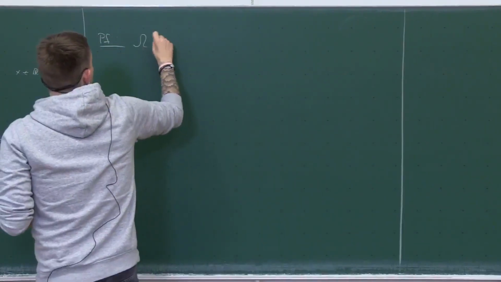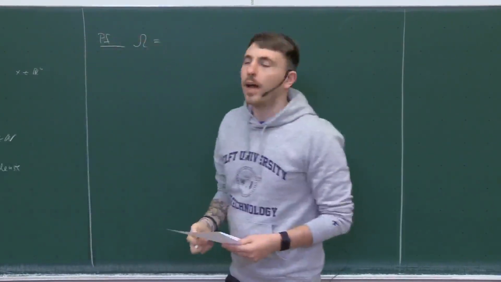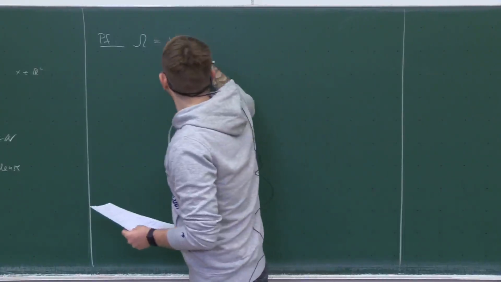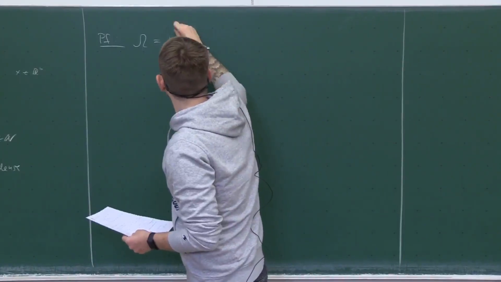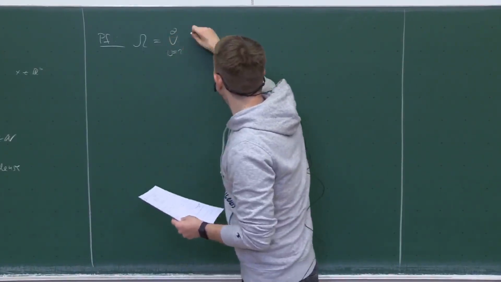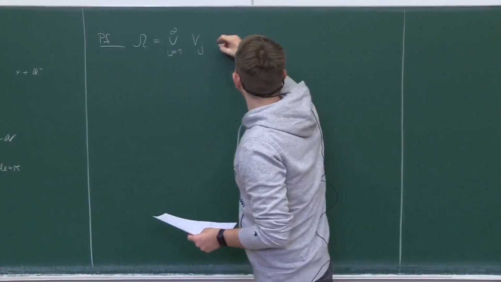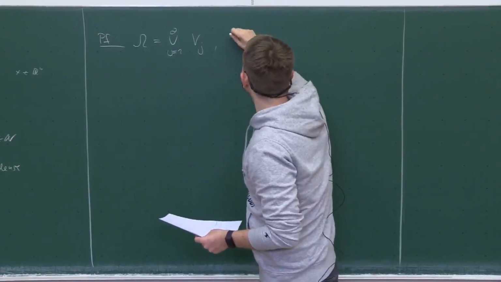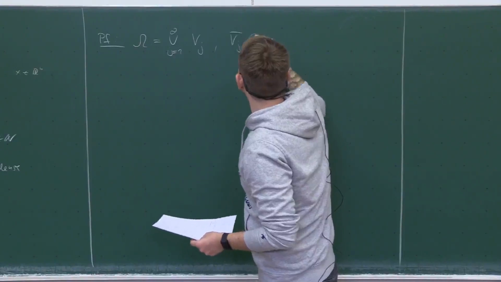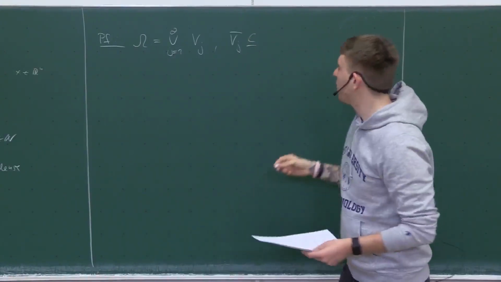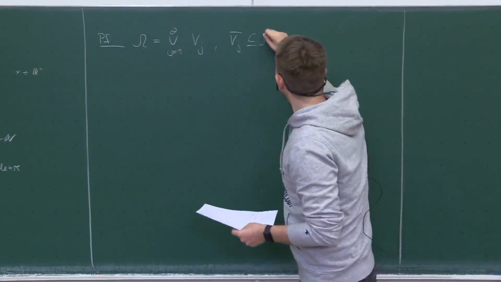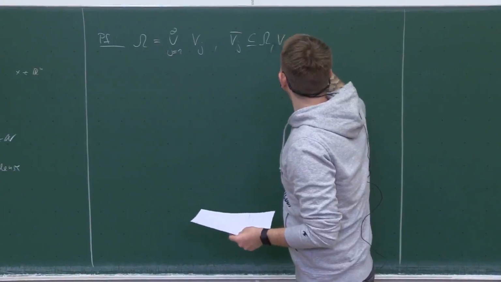Okay, let's make this precise. We want to take Ω and write it as a union over j from 1 to infinity of sets V_j, where these V_j have some properties. First of all, V_j shall be compactly contained in Ω. V_j is open.